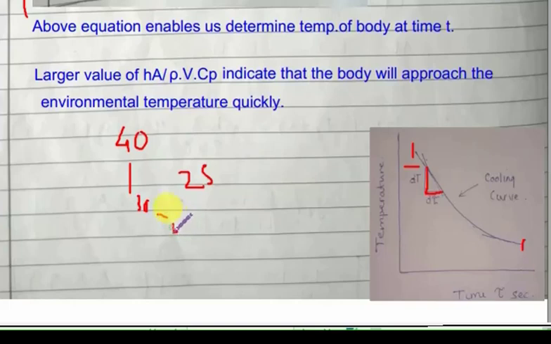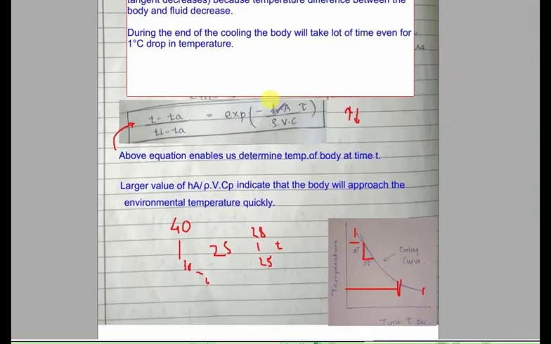But as you progress, for example at this point, the temperature will be 28. From 28, reducing to 25 will take too much time, because the temperature difference is very small. This is clear from the equation, that the temperature falls exponentially.